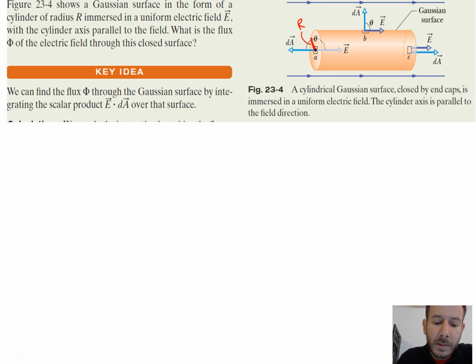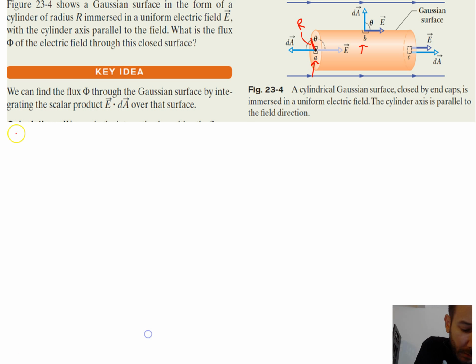So we can find the flux through the Gaussian surface by integrating the scalar product over the surface. What we first want to do is sum the integrals for each section of our surface. So you notice we have three different sections. We have section A, we have section B, which is the cylindrical part. Section A is just the edge. And then section C is the other edge. Okay, so that simplifies each of the surfaces.